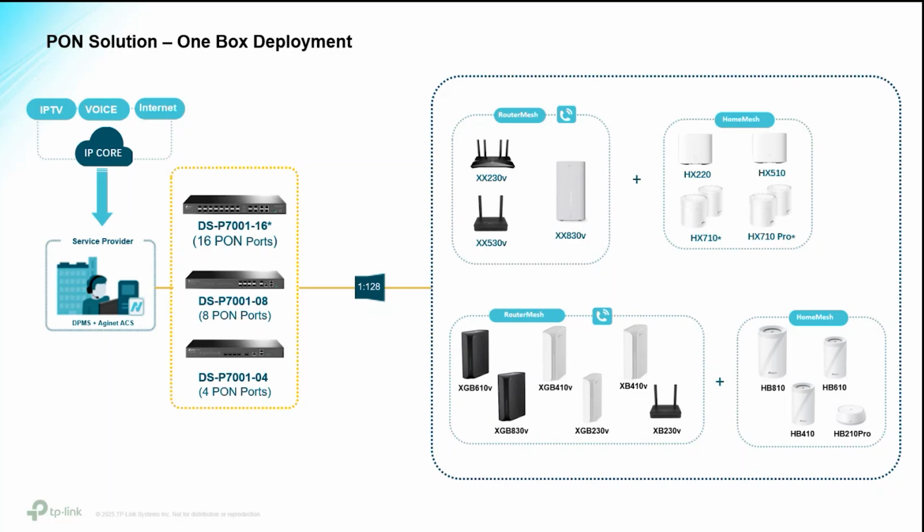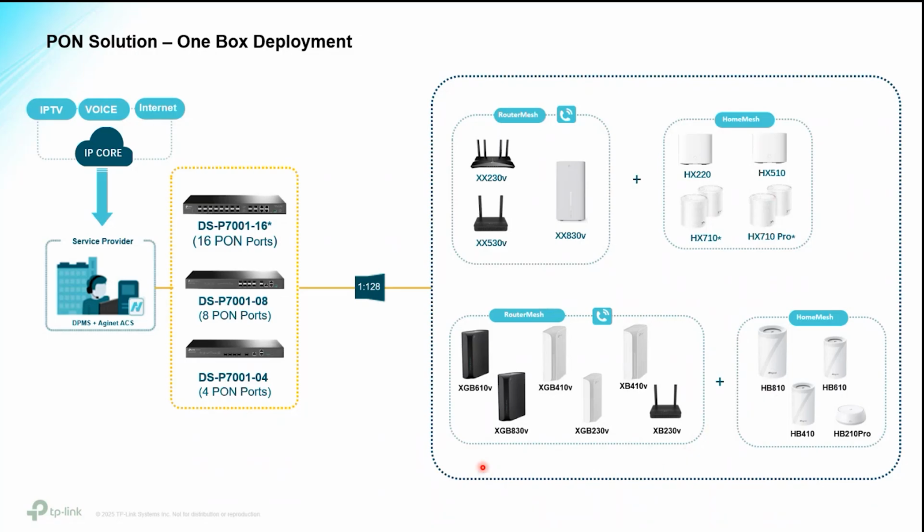We have a set of products where we have a direct fibre in from our OLT product set into the routers directly, so no requirement for an ONT in this case. We have various different Wi-Fi 6, Wi-Fi 7 solutions. And of course, from there on in, we would go on to mesh devices to create the whole home coverage for Wi-Fi.